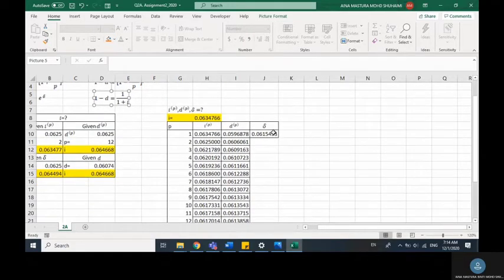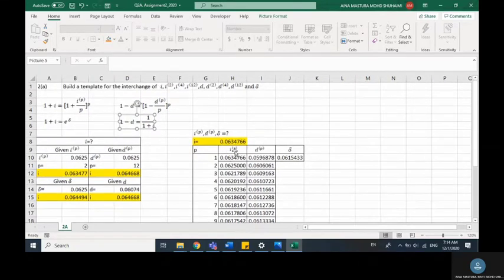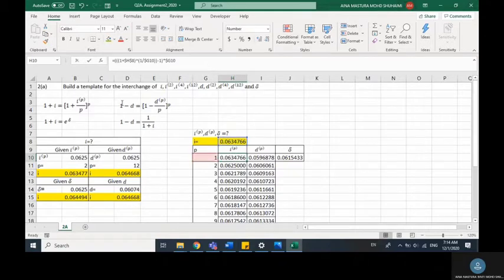So when we have the value of I, we can use it to build a table to find the values of IP, dp, and delta. To find the value of IP, we use this formula and substitute the value of I and P: 1 plus I to the power of 1 over P, minus 1, times P. We need to make sure that the I is fixed at H8, so put the dollar sign, and the P is also fixed at column G, so also put the dollar sign in front, and enter.